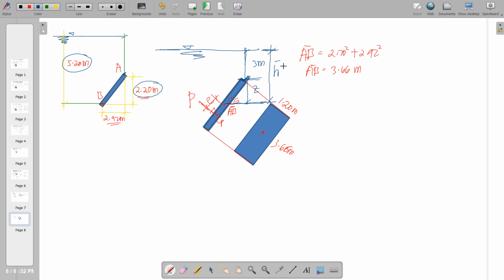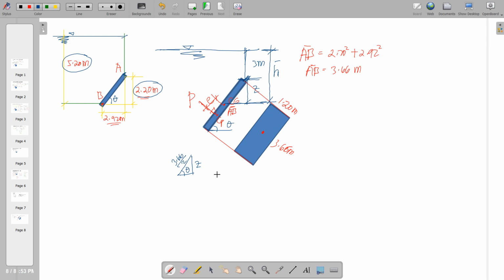So we first solve for z. If we delegate this as our theta, we use the triangle with theta angle, and this is z, and this is 3.66 all over 2.